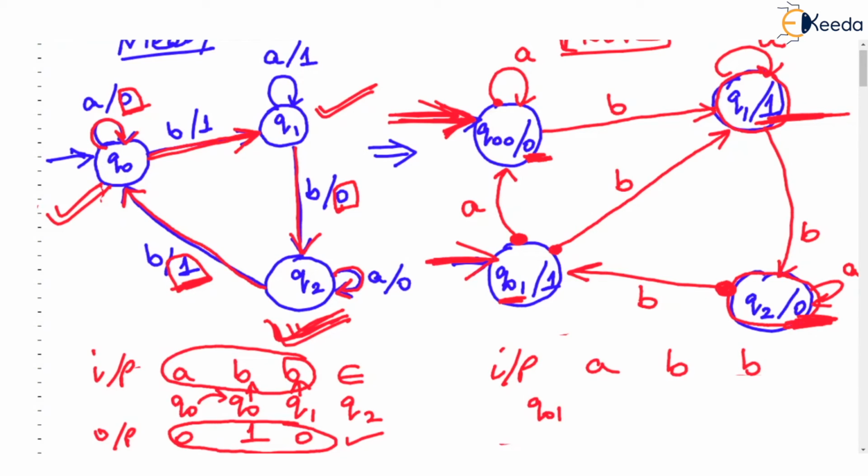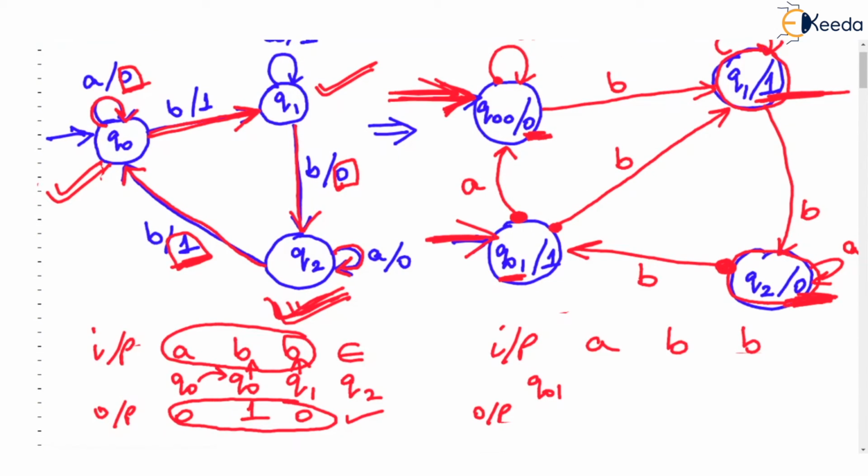Look at this, Q01 is the initial state, so the output is straight away 1, because when the machine is in the Q01 state, the output will be 1. Now Q01 reads A, and on reading A, Q01 goes to Q00. Observe, it goes to Q00, but it outputs 0 because once the machine is in Q00, the output will be 0.